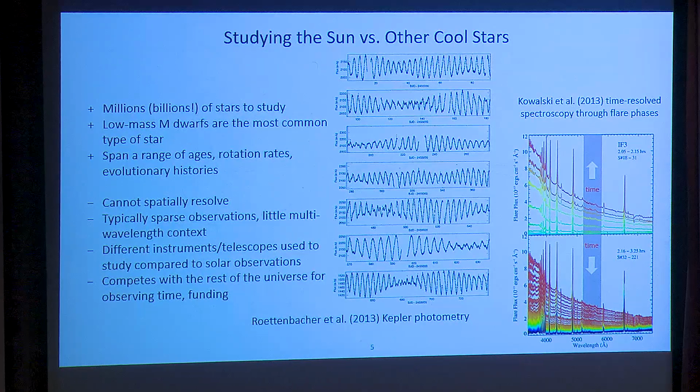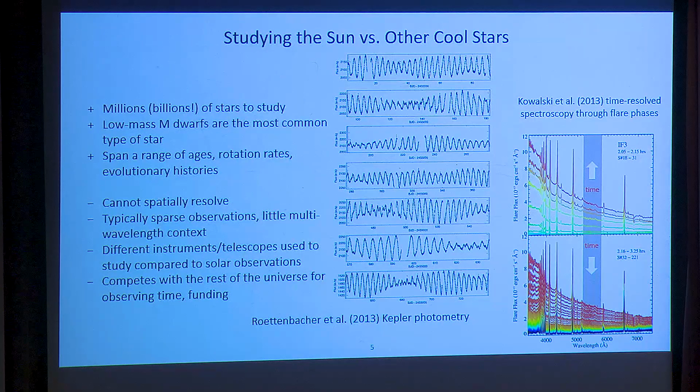And then you've got a beat pattern with star spot emergence, lifetime, dissolution, and you can just see that there's a wealth of complexity in there from a star that we cannot spatially resolve. The other graph on the right is just showing time-resolved spectroscopy through the different phases of a flare.